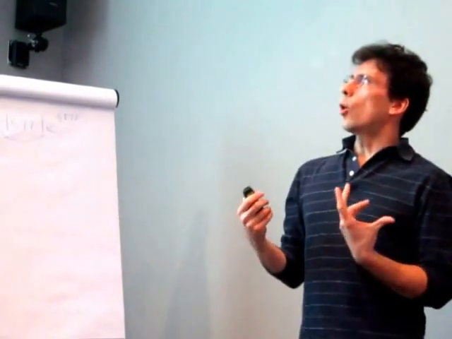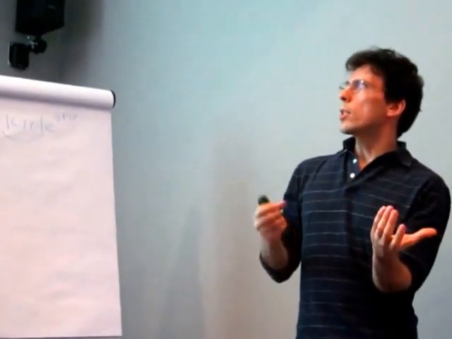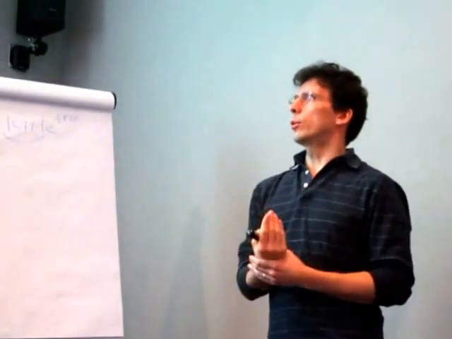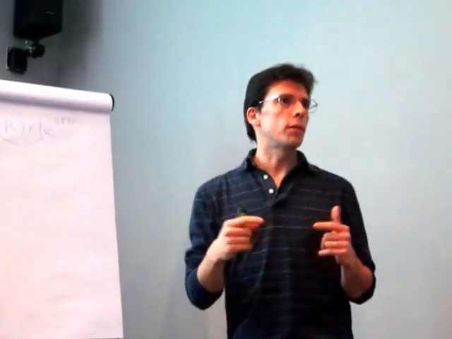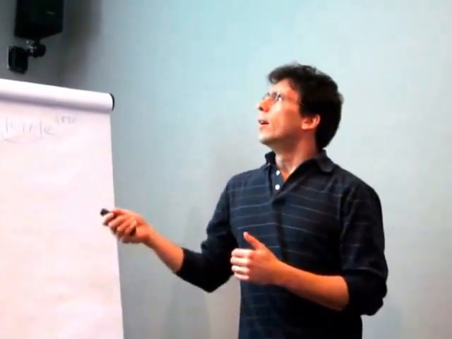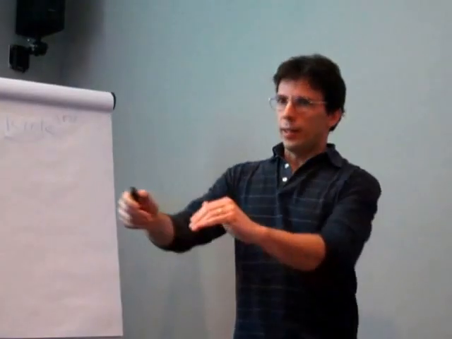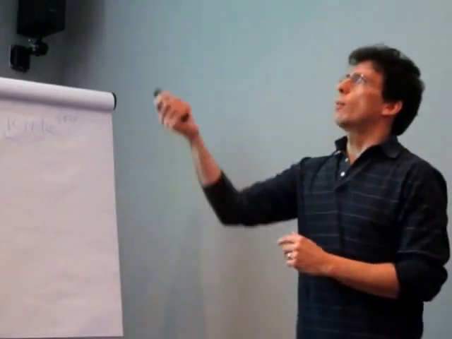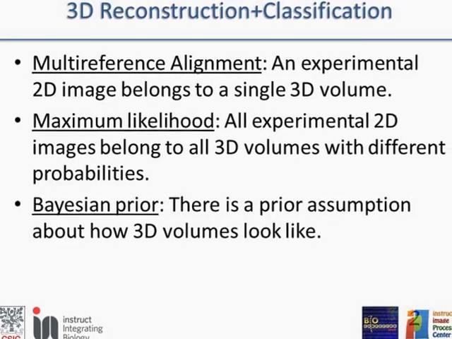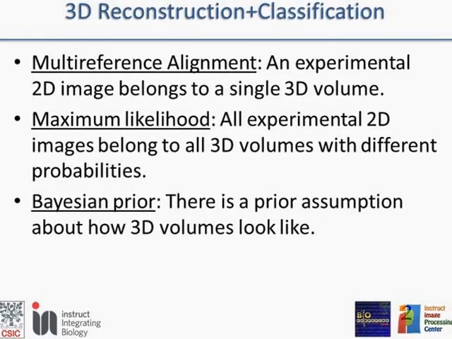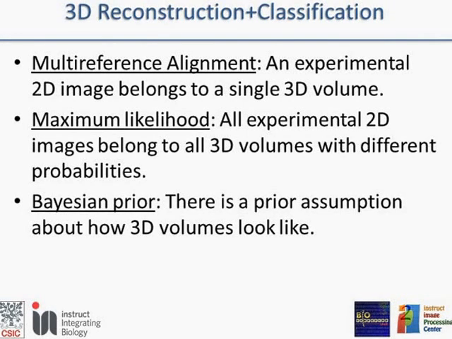So the idea is that all experimental 2D images belong to all 3D volumes, but with different probabilities, and you let the probabilities evolve along the iterations. In the limit, what you would have is the more classical multi-reference alignment. So one experimental image belongs to a single 3D volume. So you have to decide to which one of the 3D volumes that you're reconstructing it belongs.